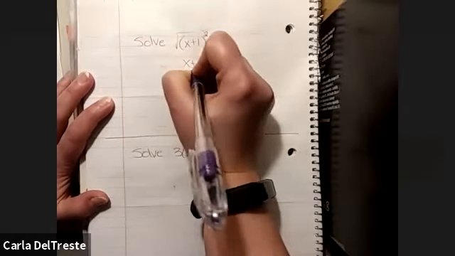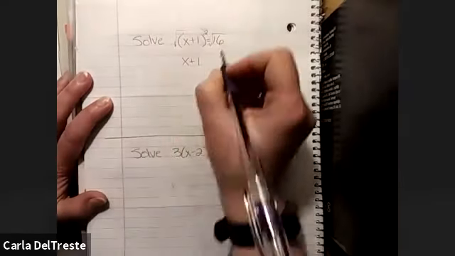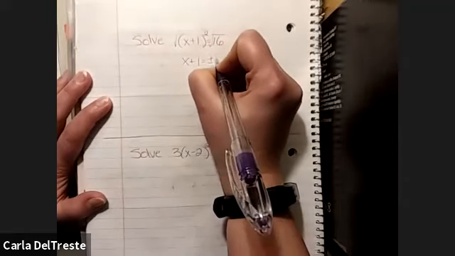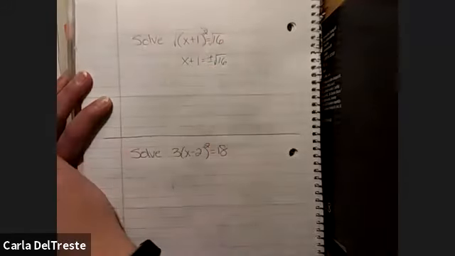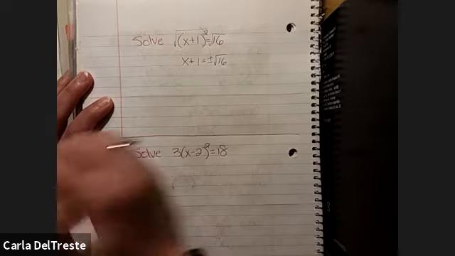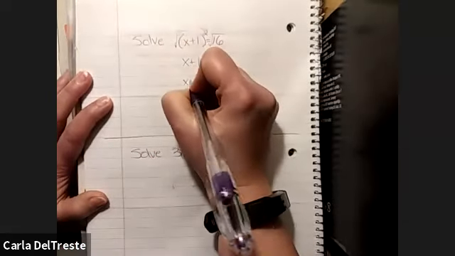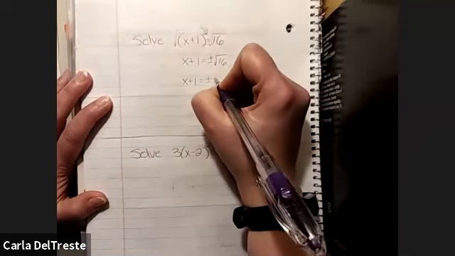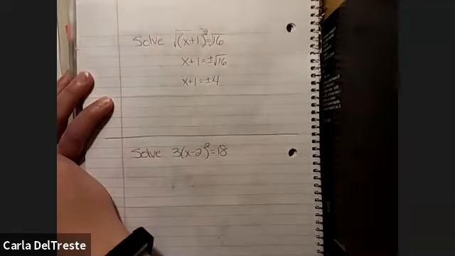So that leaves x plus 1 on the left. But as soon as I take the square root, I have to include the plus or minus option. So this is the positive or negative square root of 16. 16 actually has a nice perfect square, right? So the square root of 16 is 4.